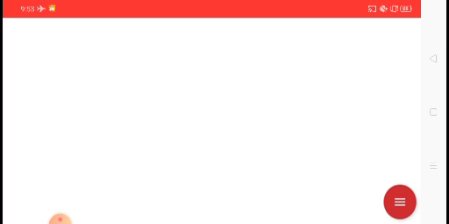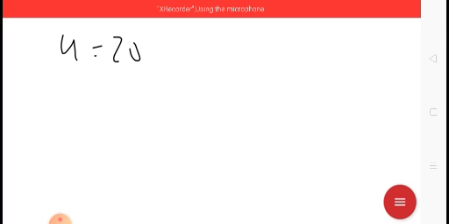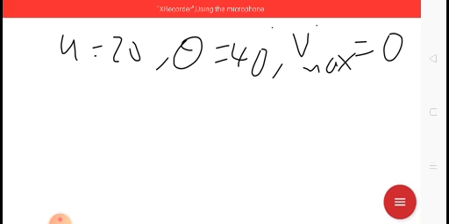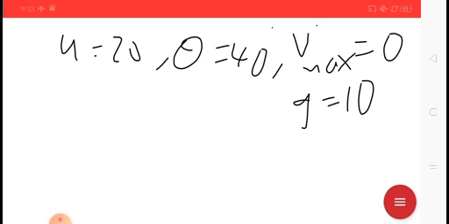We know that u equals 20, theta equals 40, v at maximum is 0, and g is equal to 10. The question is how long it takes for the ball to reach the maximum height, so how long means the time that you need to find.